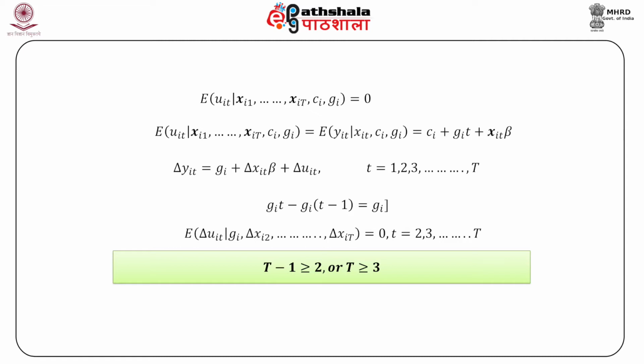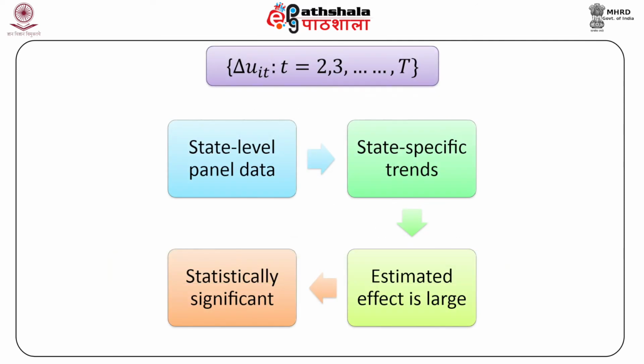That is, the null hypothesis is pi equal to 0 for all i, and the alternative hypothesis allows for some, not all, of the individual series to have unit roots. That is, the alternative hypothesis is pi less than 0 for i equal to 1, 2, 3 going till N1, and pi equal to 0 for i equal to N1 plus 1 going till N. Formally, it requires the fraction of the individual time series that are stationary to be non-zero.